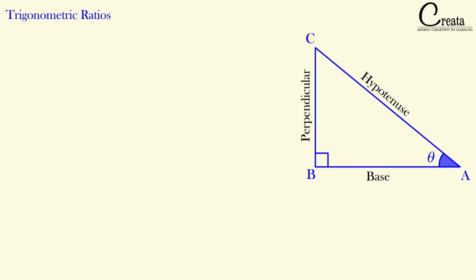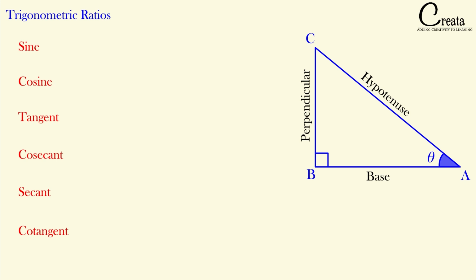So let's see what the various trigonometric ratios are. We have a total of 6 trigonometric ratios. These are sine, cosine, tangent, cosecant, secant, and cotangent. These 6 words may be new to you. Just pay attention. This is the basic foundation of trigonometry and will be helpful in solving future questions.